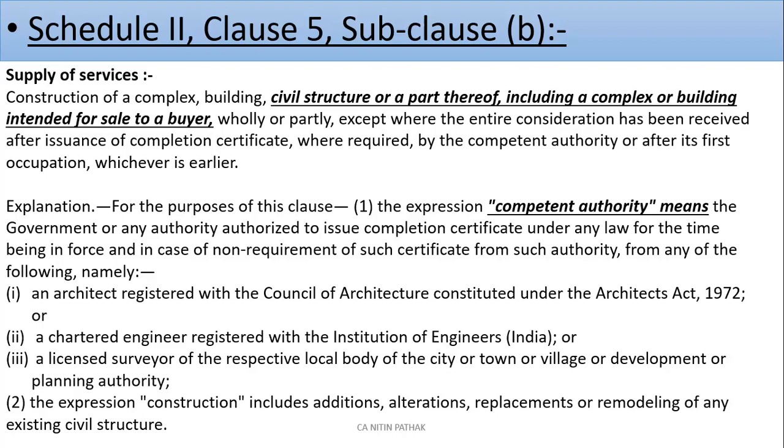Sometimes permission is given later but people started living there. In that case, the first occupation is the date on which the completion certificate is assumed. Sometimes a certain authority does not specify completion certificates.